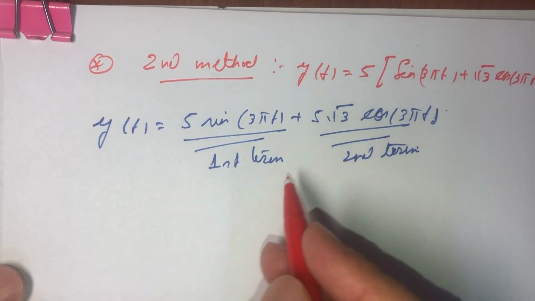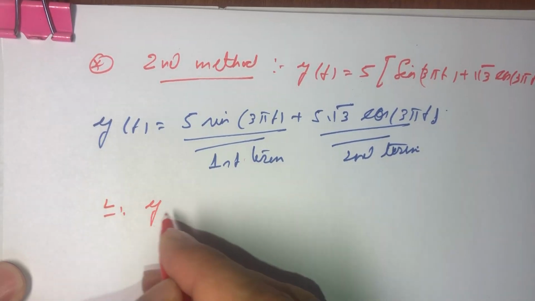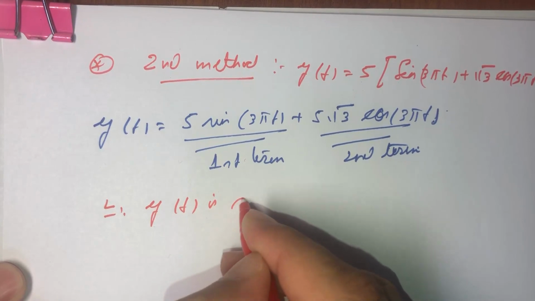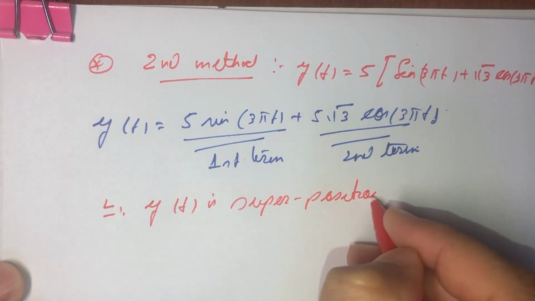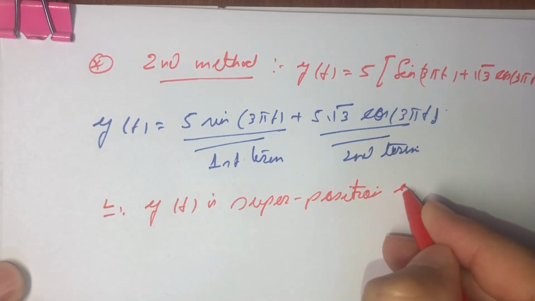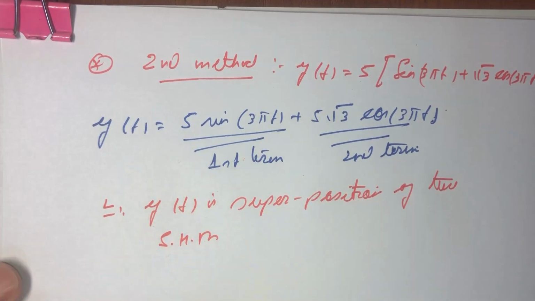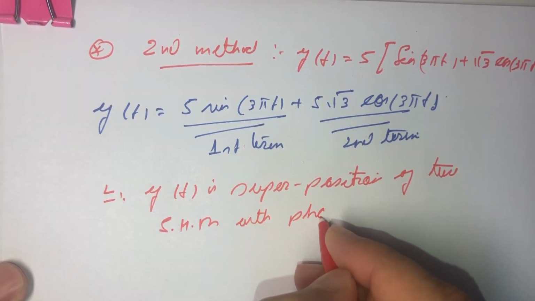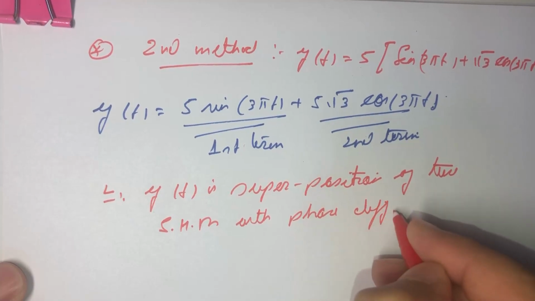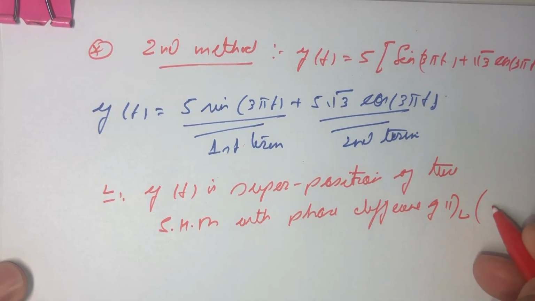Therefore from here we can say that y(t) is a superposition of two SHMs with a phase difference of π/2. So basically φ is equal to π/2.